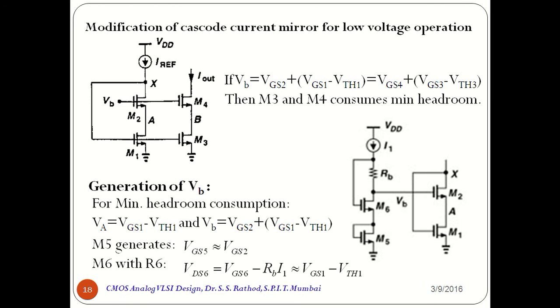Now if VB is equal to VGS2 plus VGS1 minus VTH1, which is equal to VGS4 plus VGS3 minus VTH3, that means VB is equal to the gate to source voltage of the second plus the overdrive voltage of M1, or it is also equal to the gate to source voltage of 4 plus the overdrive voltage of the third. Then we can say that M3 and M4 consume minimum headroom, and hence this is called low voltage operation.